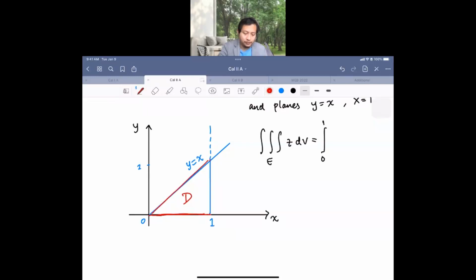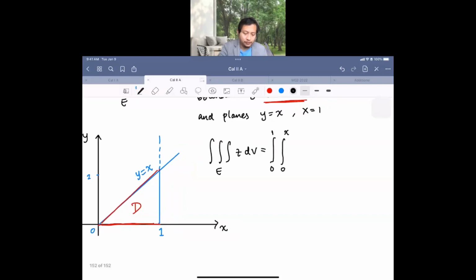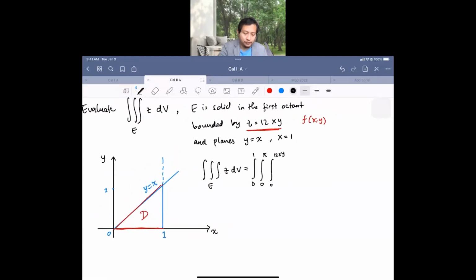As usual, as the double integrals that we usually did. So we start the second one from 0 to x. And the last one is z, from 0 to 12xy. And then the inside is z dz dy dx, right?